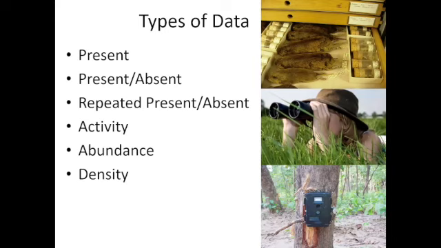So abundance is a count of animals that we estimate for an area, and density is a count of animals given a known sampling area.